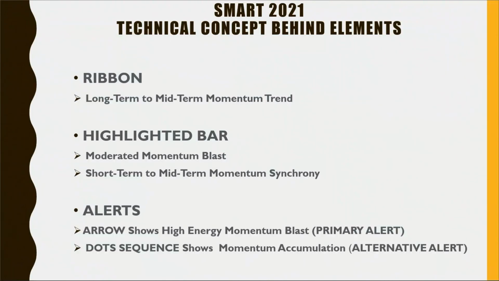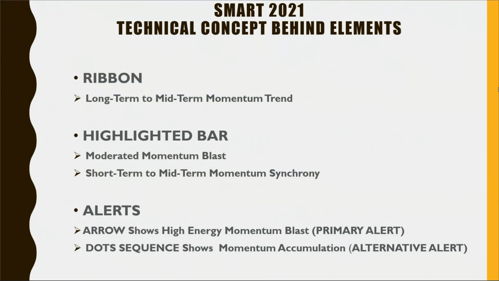But in this case, with this new SMART 2021 system, we developed a smart momentum ribbon algorithm to detect the beginning and also the continuation of an existing momentum trending situation, right? So in short, the new SMART 2021 ribbon is an extremely sensitive long-term to mid-term momentum trend indicator.